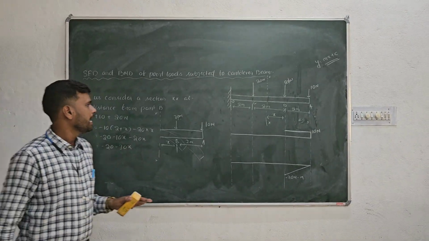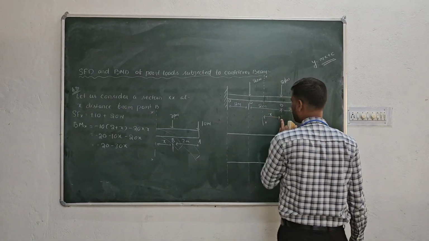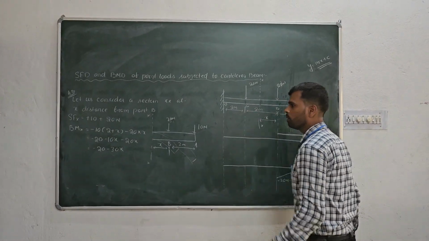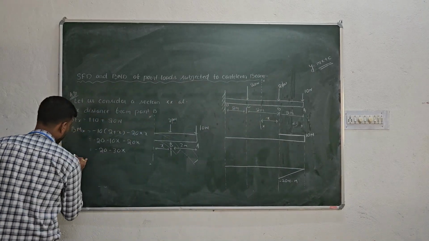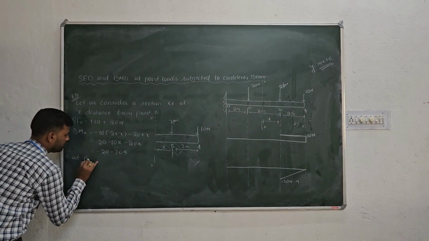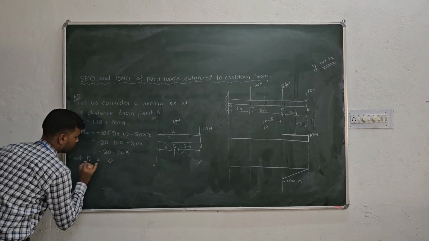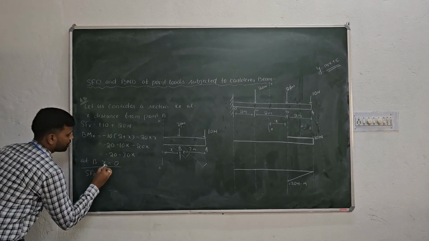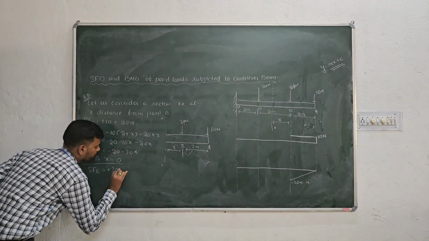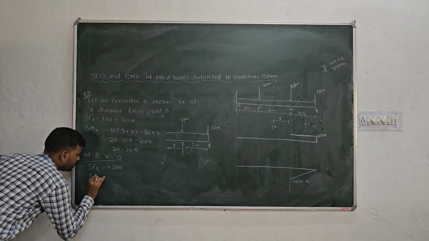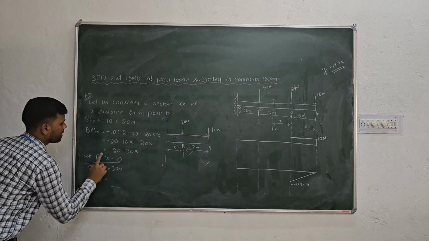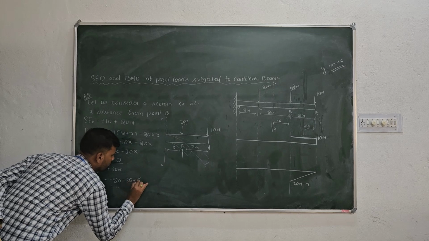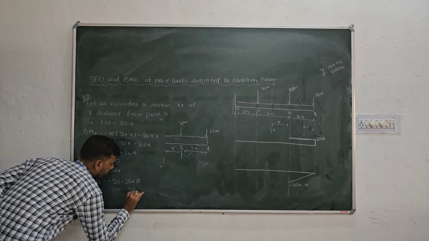Now see, at point B, x equal to 0. At point C, x equal to 2. So put here at point B, x equal to 0. So SF at B will be plus 30 Newton and BM at B will be minus 20 minus 30 into 0, that is minus 20 Newton meter.